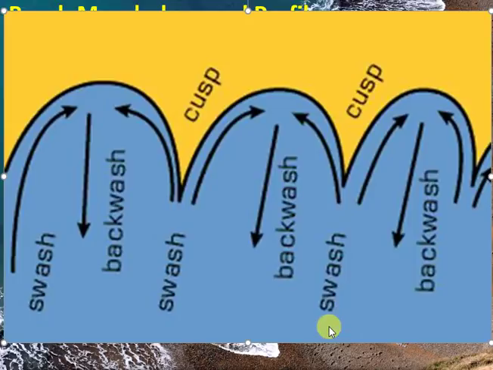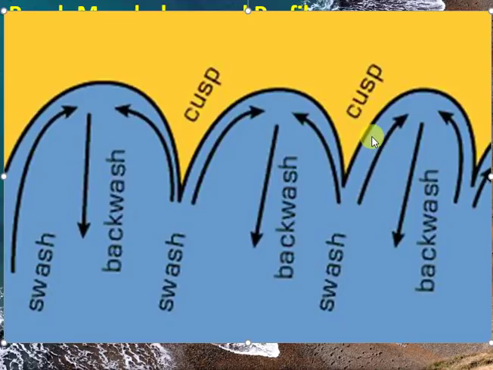If you imagine a constructive wave travelling towards this horn, it's going to split at this point. So the swash is forced to divide and split either side of the horn.